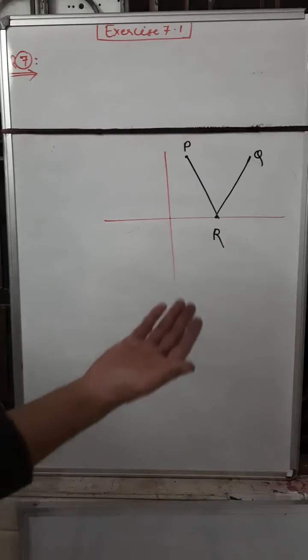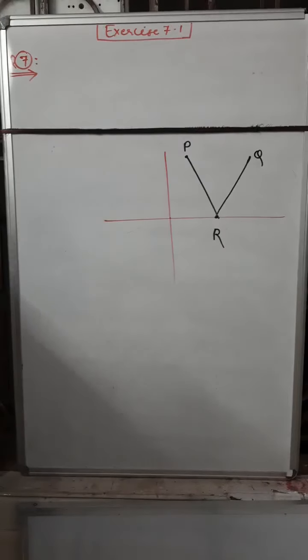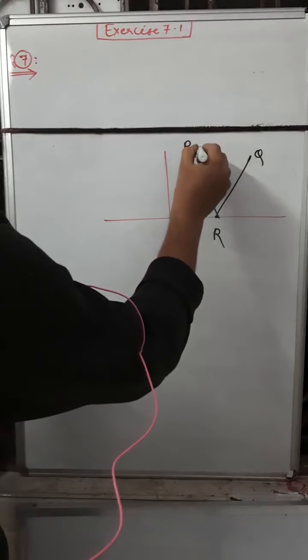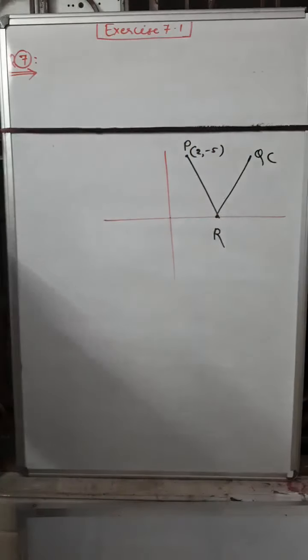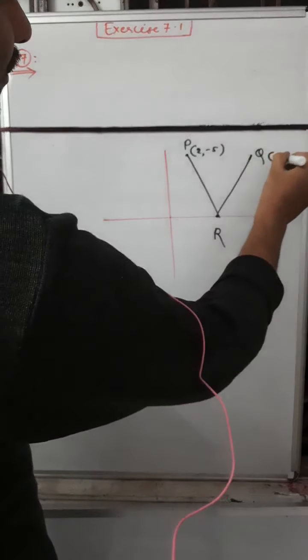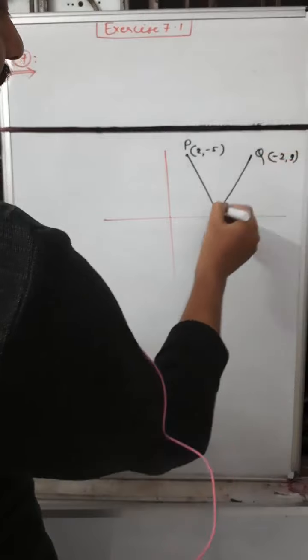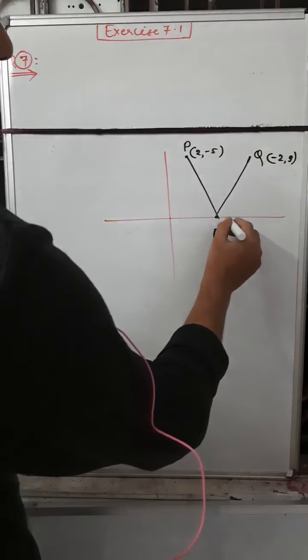So suppose we are having a schematic diagram of PQR. Suppose P is equal to 2 comma minus 5, as given in your textbook, and Q is another point, minus 2 comma 9, and R is equidistant from them. The point R is situated on the x-axis.